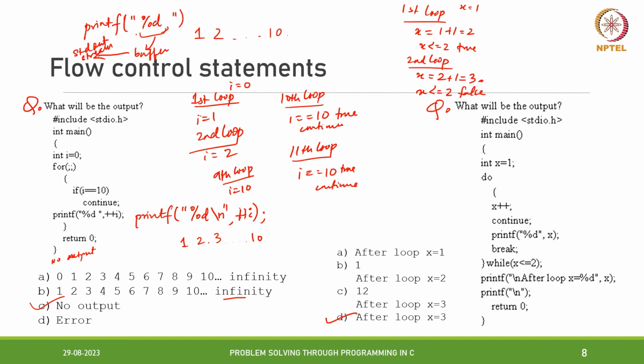Here, however, we are giving only a space, which is not a special character. So it will keep on putting things into the buffer. All this 1 to 10 will go into the buffer, but the buffer is neither full nor is any special character encountered. So it will stay in the buffer. It will never be pushed to the stdout stream.